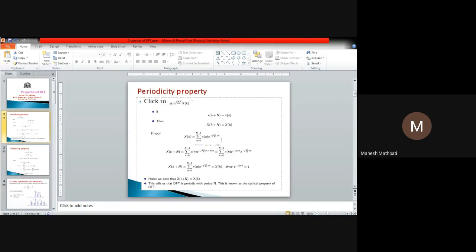Now what is its value? Anybody? For any value of n, what will be the value of this function? Cos 2 pi is what?